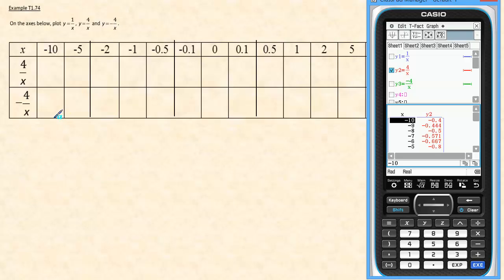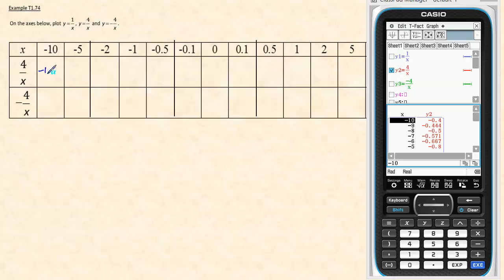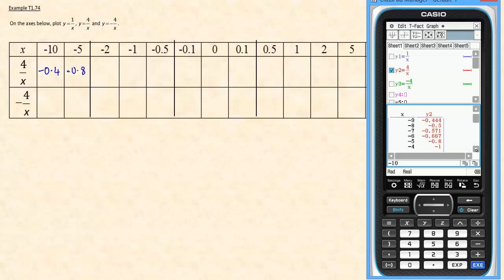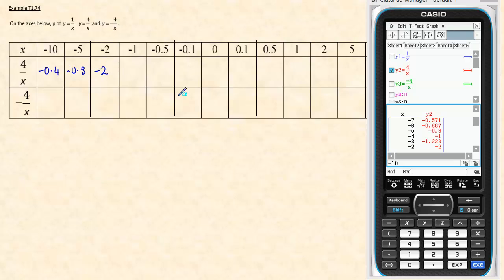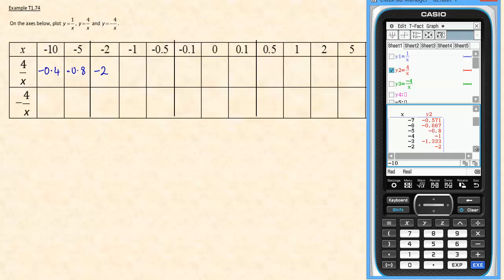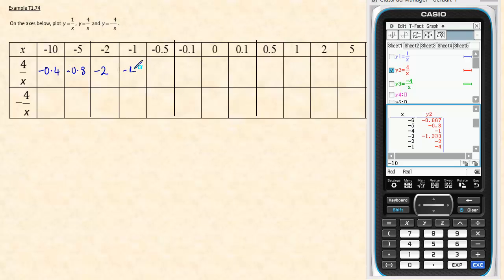So that's going to be negative 0.4. So if we go for 5, that's negative 0.8. If we go to negative 2, that is negative 2. And then at negative 1, it's going to be negative 4.